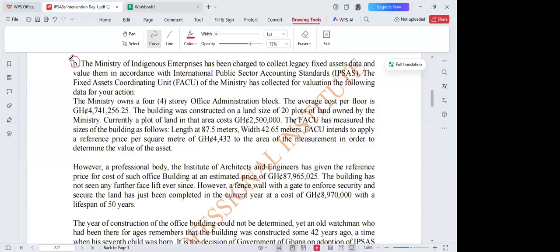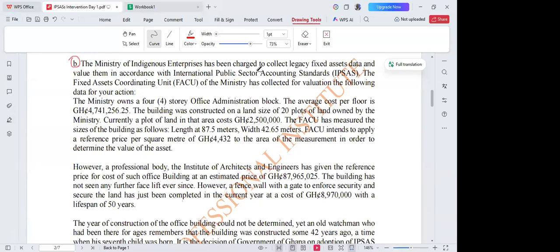Okay, so let's move on to B. B. The Ministry of Ingenious Enterprise has been charged to collect legacy fixed assets data and value them in accordance with International Public Sector Accounting Standards (IPSAS).